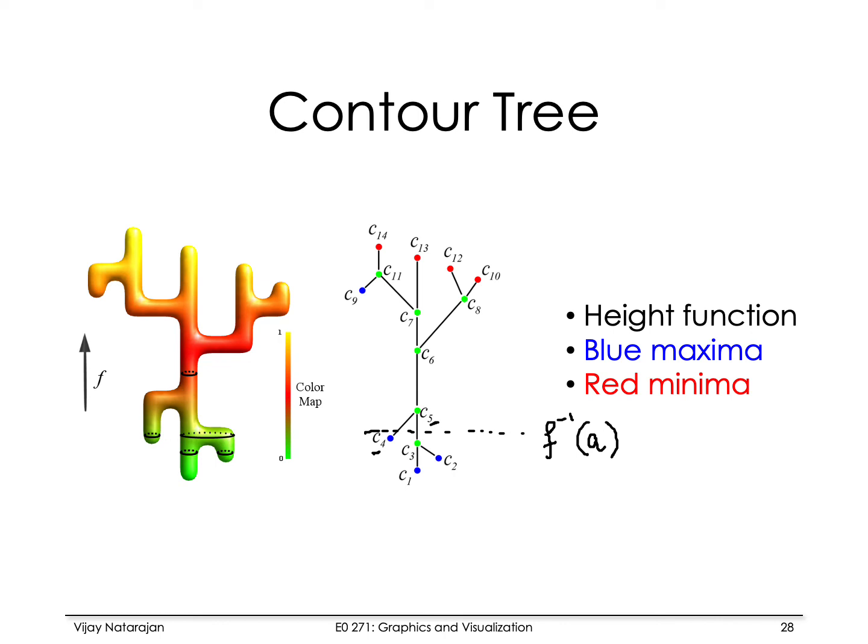For these two edges of the contour tree, I look at the seed cell that is stored corresponding to it, and from that seed cell I will be able to extract the isocontour components here. So each seed cell will help me extract one of these isocontour components. So this is how the contour tree helps extract the isocontour efficiently.